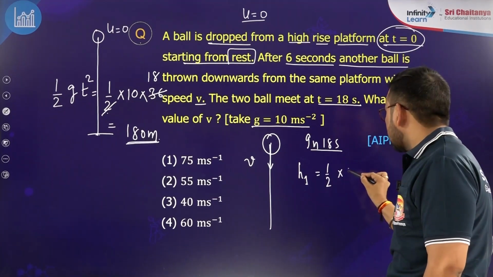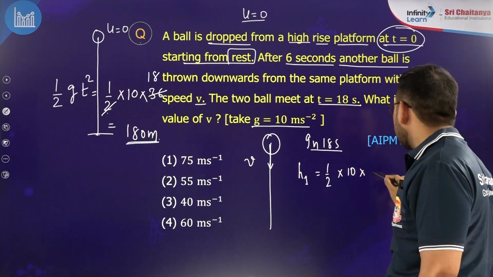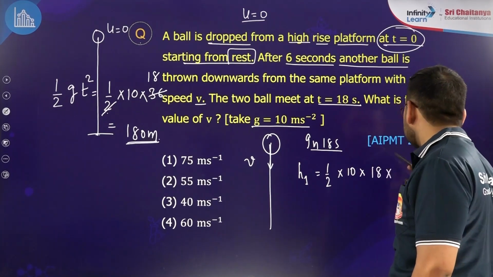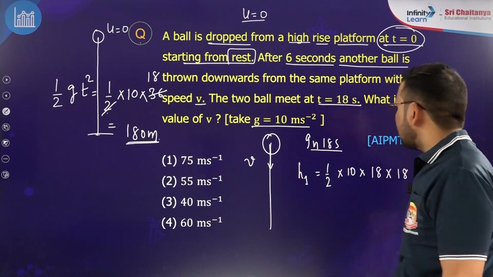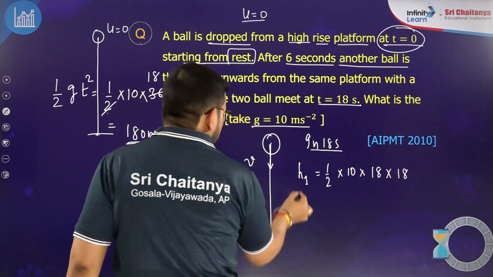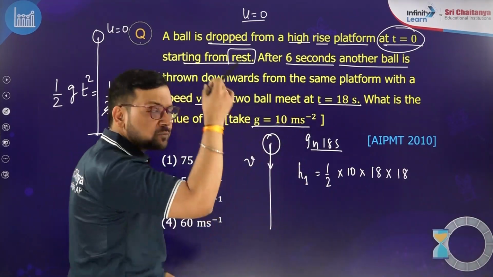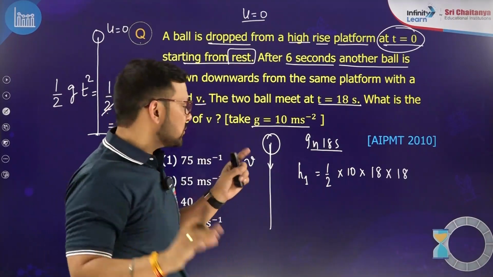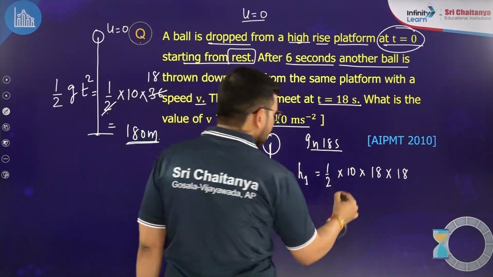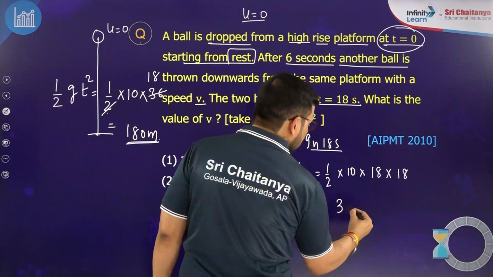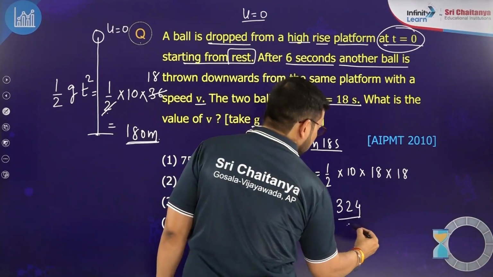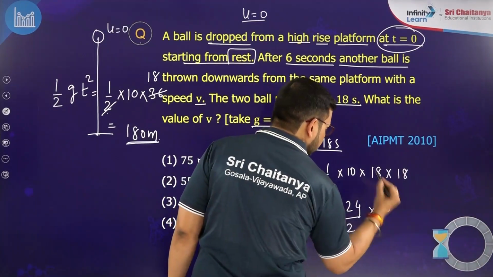Half into g into t square, that is 18 square, or 324 we can use, or 18 into 18, right? That is the height in 18 seconds, because the first ball is continuously moving, it is not stopping somewhere. So we can use this, that is 324 divided by 2 into 10.